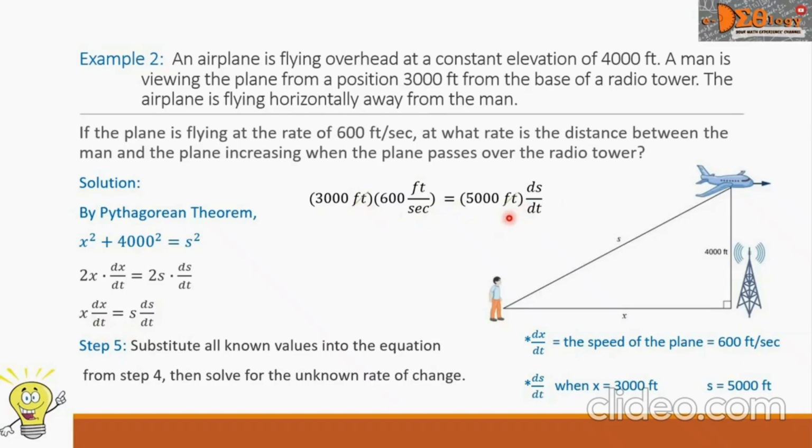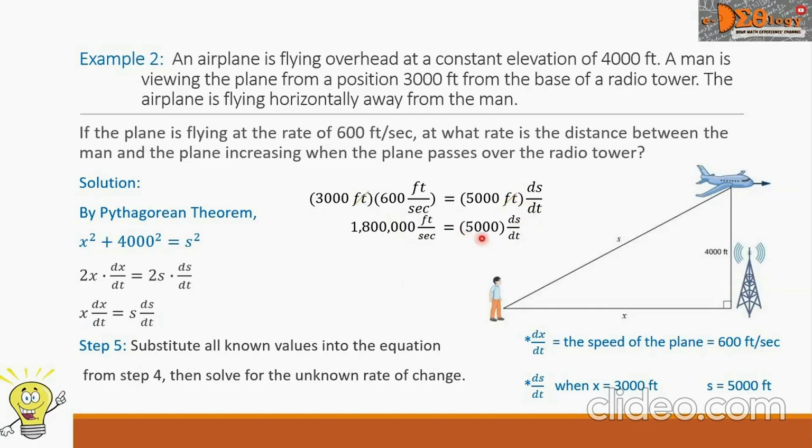And then let us get the product of the 3,000 by 600. So we have now the product as 1,800,000. We want the value of ds over dt. Let us divide the equation by 5,000.